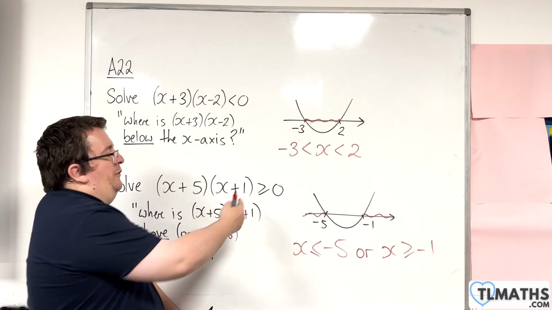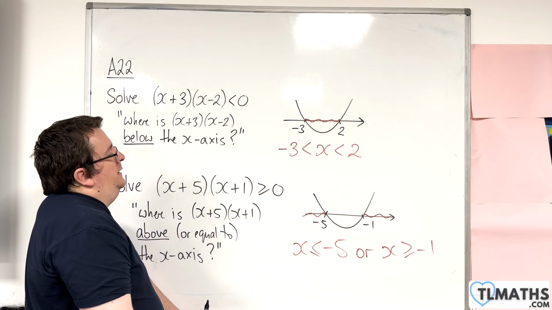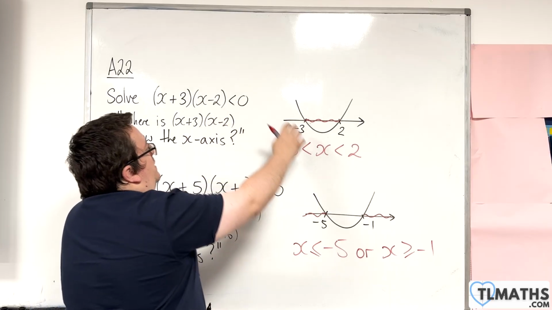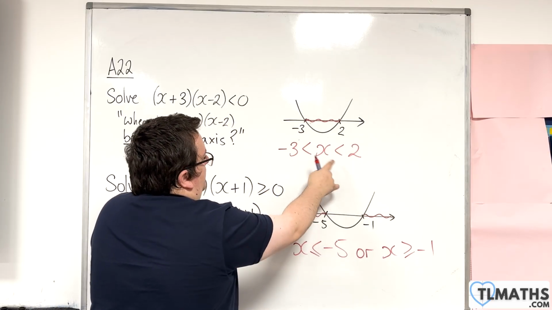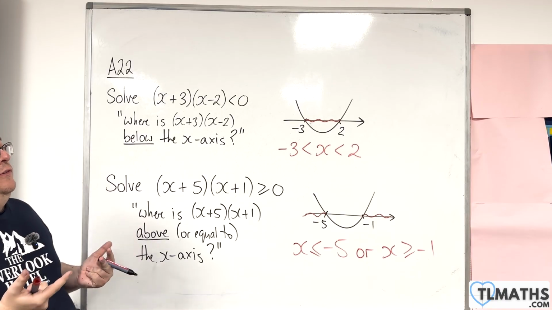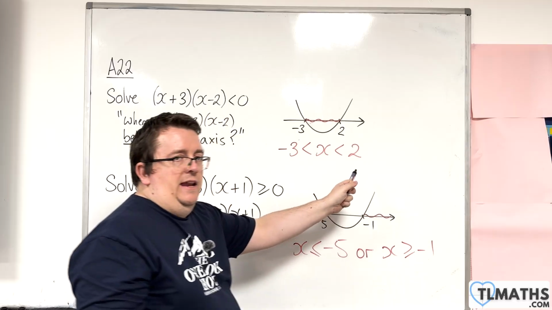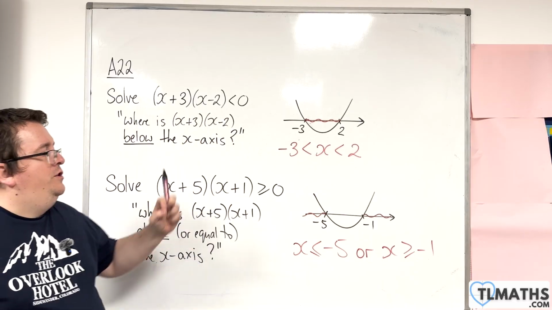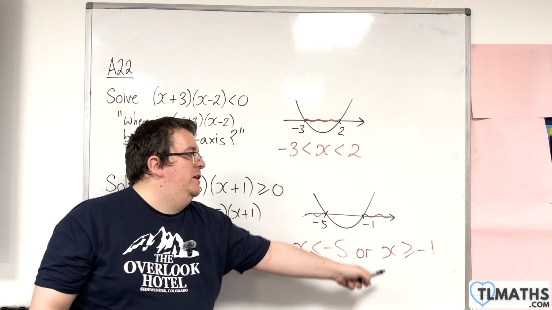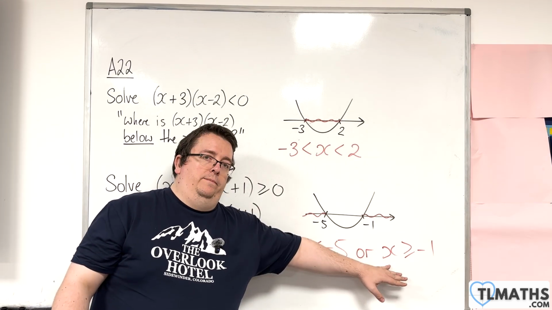So if there is an equal sign here, then these must also be equals. If there is no equal sign there, no equals here. Okay? So you can get two sorts of answers. You're either going to get a region where it's just one succinct inequality, or you're going to get two regions and hence two inequalities, and you must say it's either that one or that one.